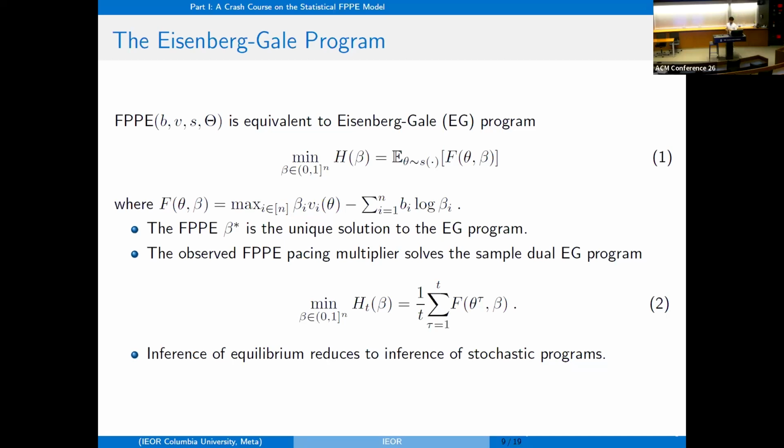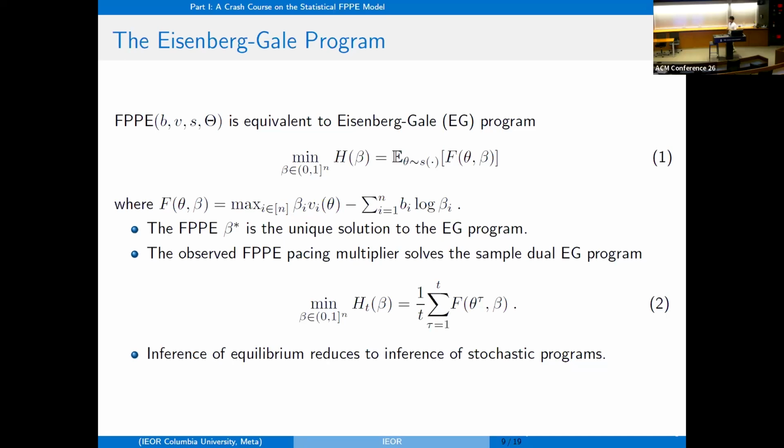And we also have this H of beta, which is a convex objective. They're equivalent in the sense that the FAPE is the unique solution to the Eisenberg-Gale program. And for the finite FAPE or the observed FAPE, the equilibrium pacing multiplier also solves a sample analog of the Eisenberg-Gale program.